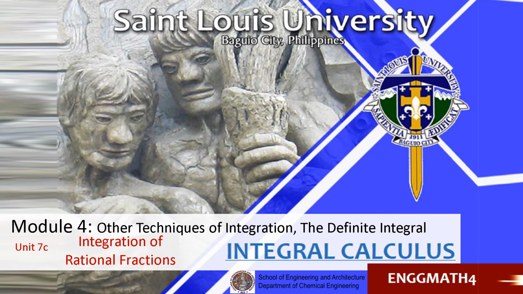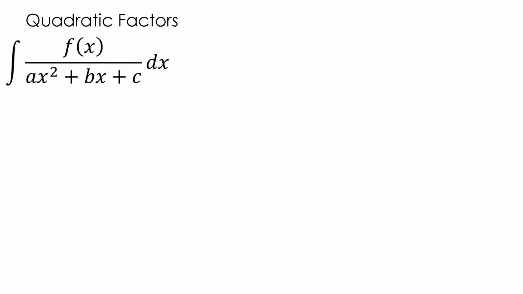Hello everyone. This unit will be demonstrating the integration of rational fractions, particularly with denominators having quadratic factors. For quadratic factors, if we wanted to evaluate an integral wherein it contains a function of x all over a quadratic function, particularly ax squared plus bx plus c times dx, we can resolve this into partial fractions.